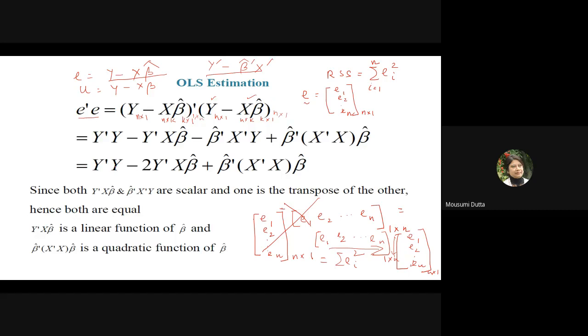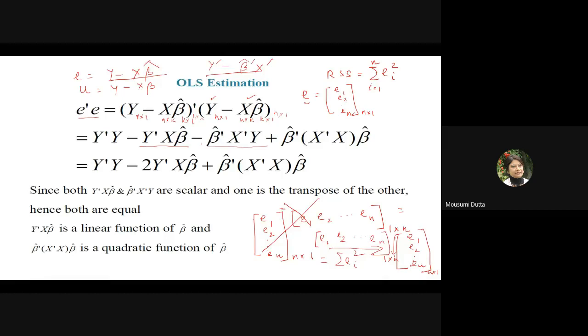So in this way, we get all four elements from this E prime E. Now I am keeping y prime y as it is, and this I am writing as minus 2 y transpose x beta hat. However, this term was y transpose x beta hat and this was beta hat transpose x transpose y.